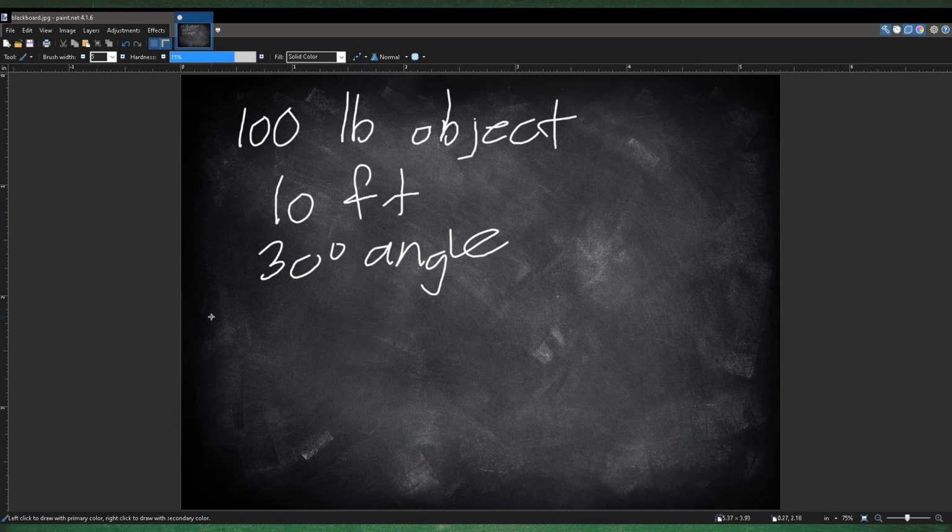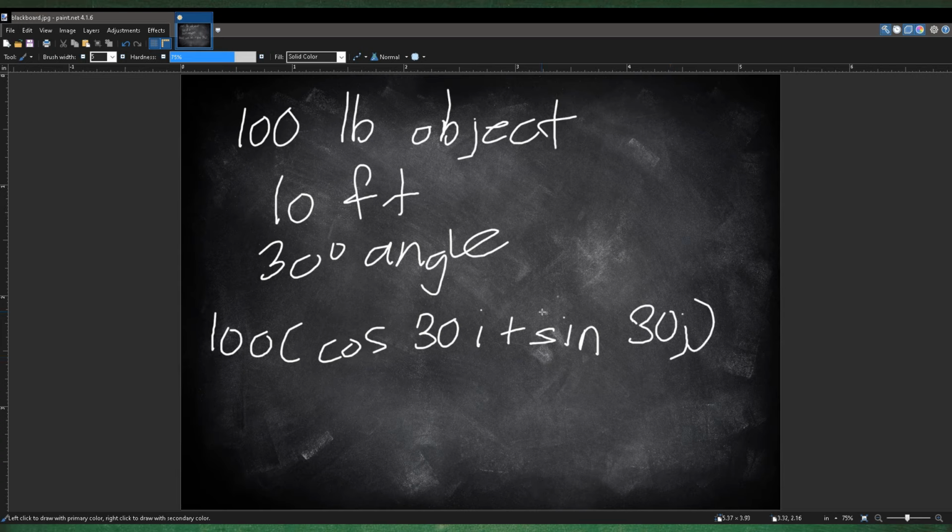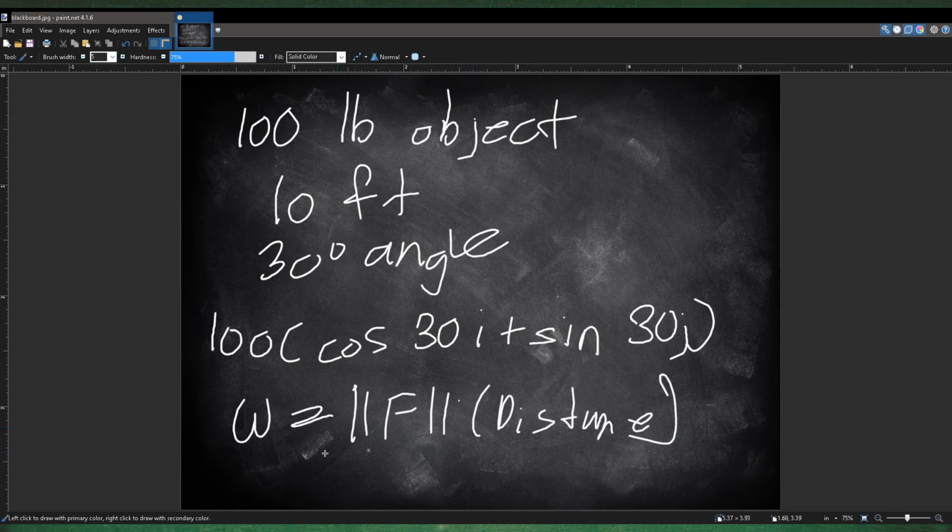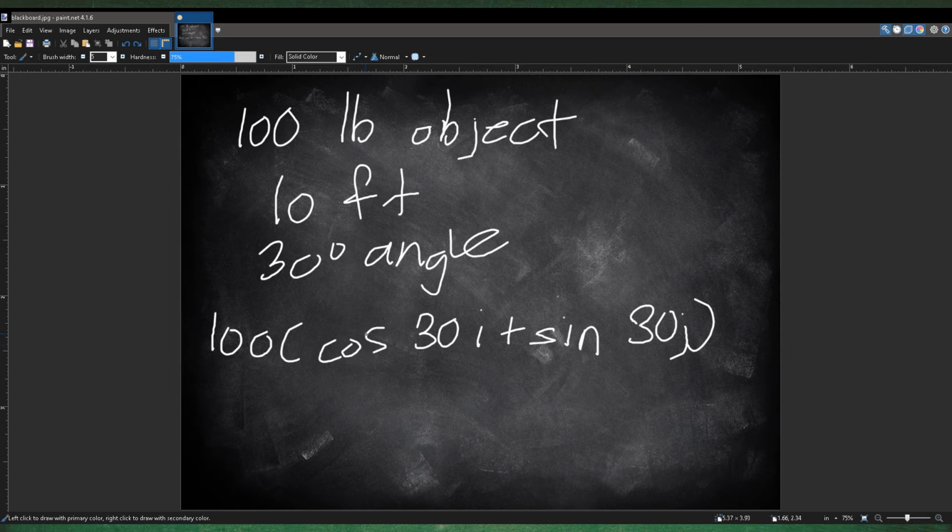The force would be 100 times cosine of 30 i plus sine of 30 j. We need to find work, which is the magnitude of the force times the distance. We already have the distance, which is 10, so we just need to find the force.